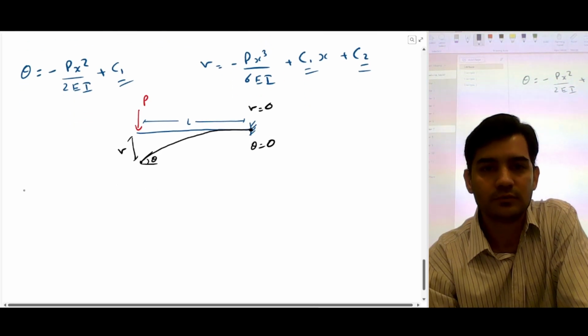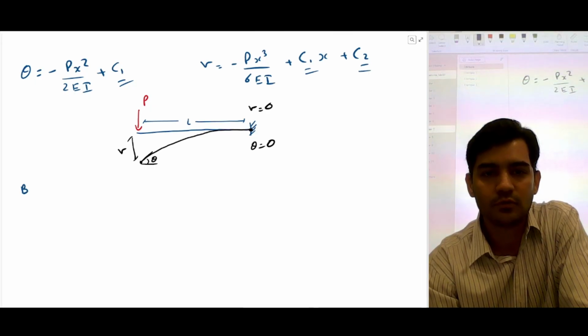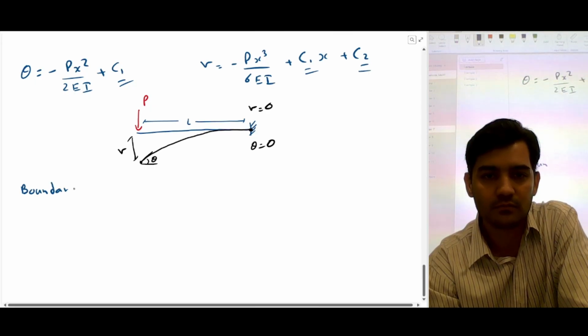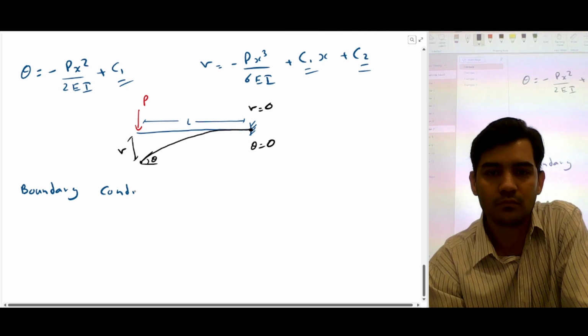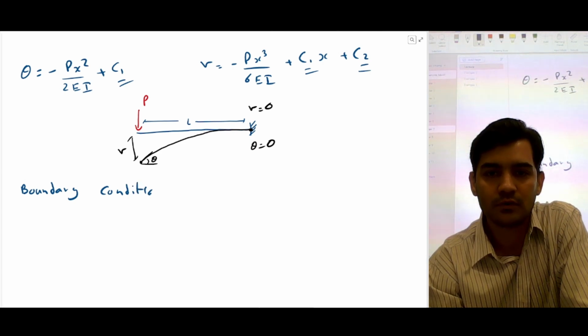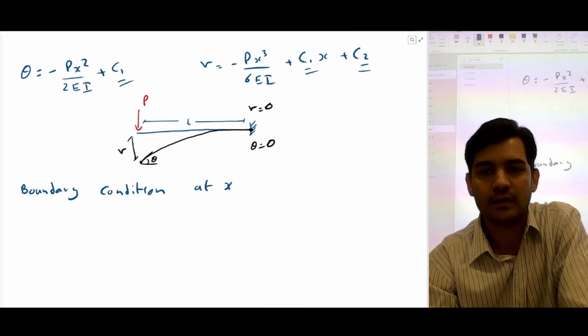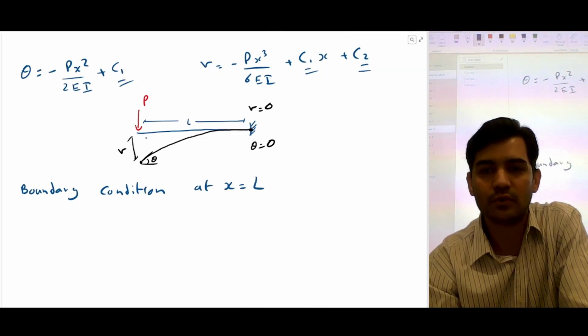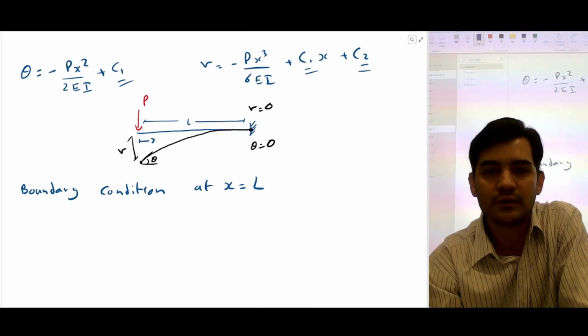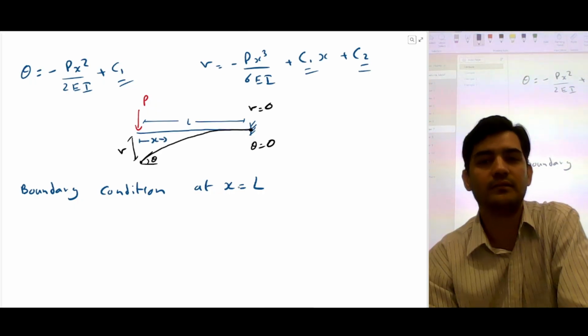So we know we'll use the boundary condition. The boundary condition is at x is equal to L, because we have decided x from here.